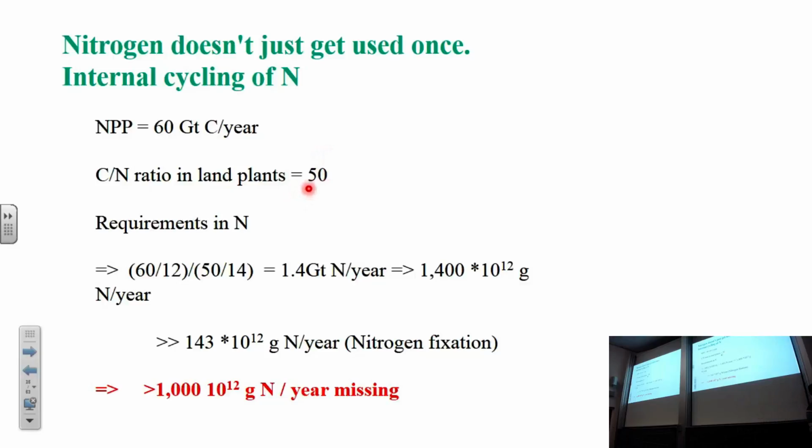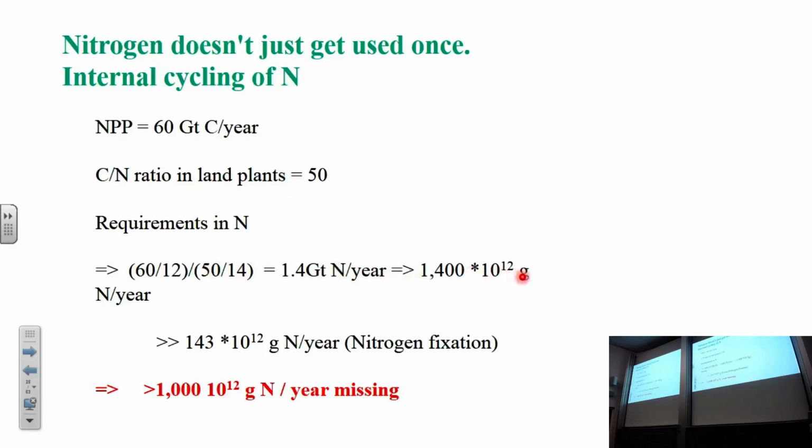So if we work out how much nitrogen we would need to sustain this amount of primary productivity, you take the tons of carbon, divide it by 12 to get the number of moles, and then do the same thing with the nitrogen.